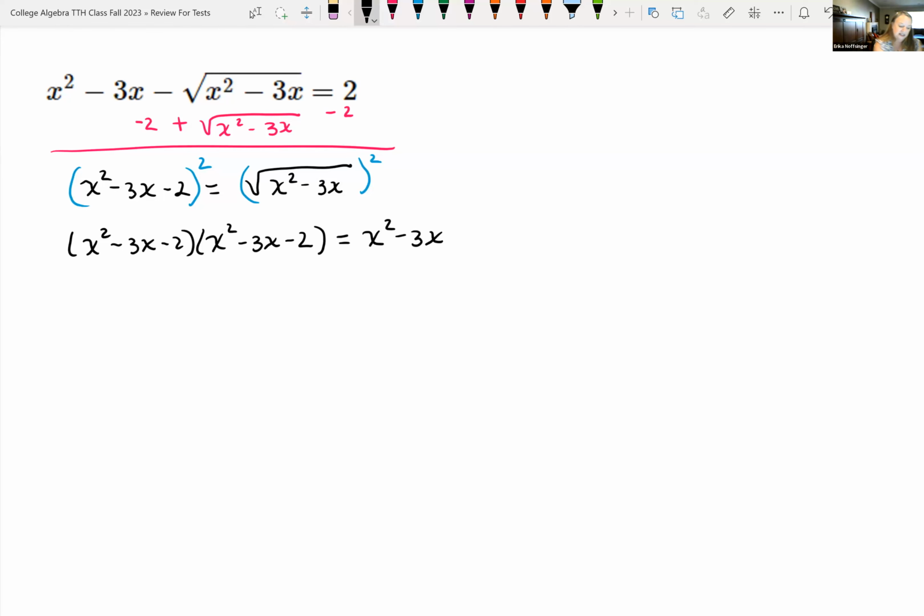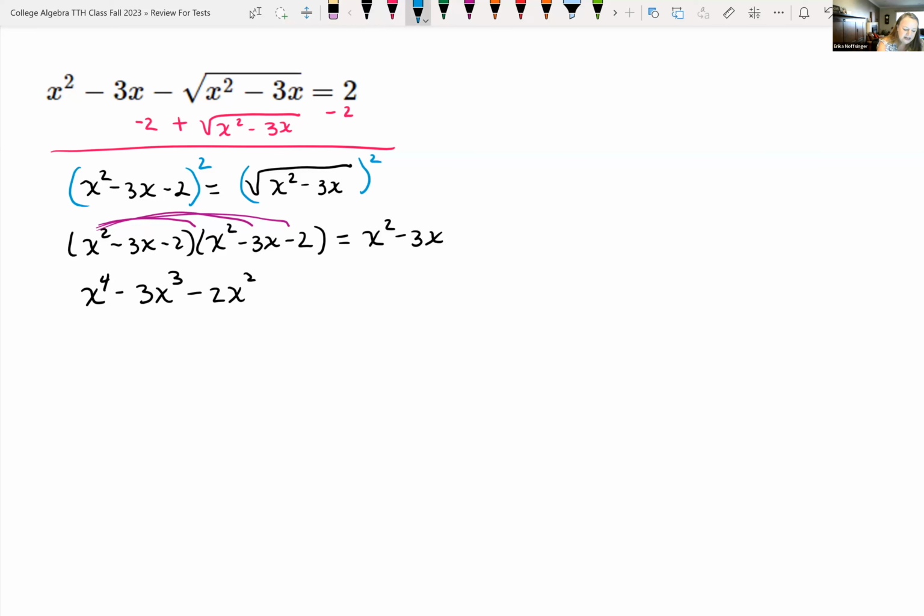Distributing, I take the first term and distribute it to each term in the second parentheses. x squared times x squared is x to the fourth. x squared times negative 3x is negative 3x cubed. x squared times negative 2 is negative 2x squared.